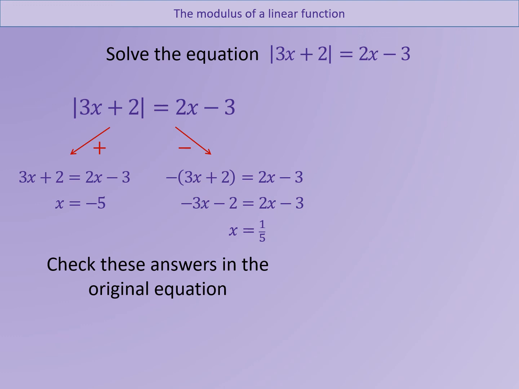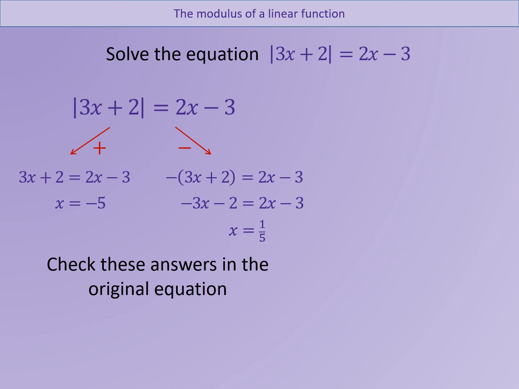Minus 15 plus 2 is minus 13. The modulus makes it plus 13. So this side is clearly a positive answer. It has to be because of the modulus. But on this side, I'm going to get 2 times minus 5 is minus 10. Minus 3 is minus 13.